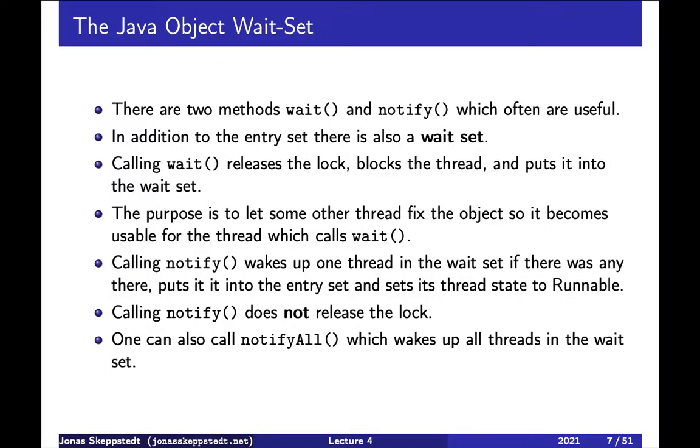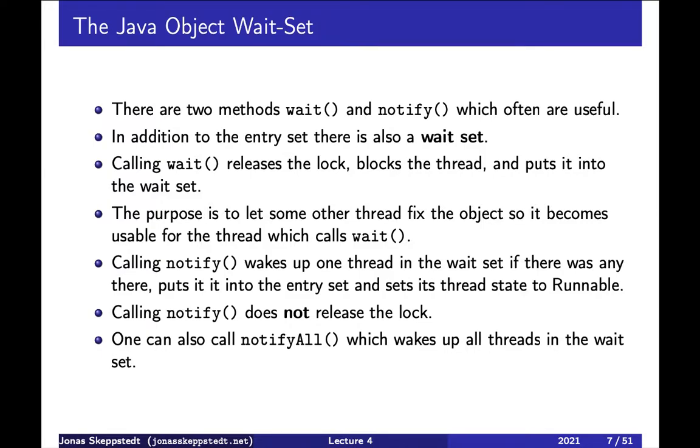Some additional methods which are often useful, namely wait and notify. In addition to the entry set, there is also a wait set. The purpose of this wait set is for a thread that has taken the lock but discovers that it's not useful yet and some other thread needs to fix it.